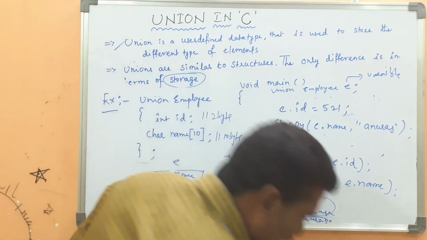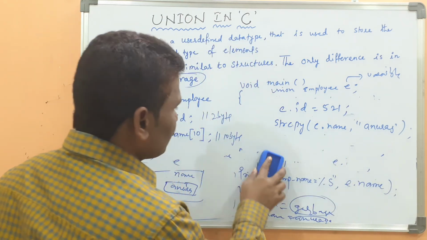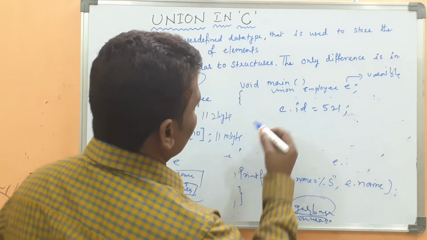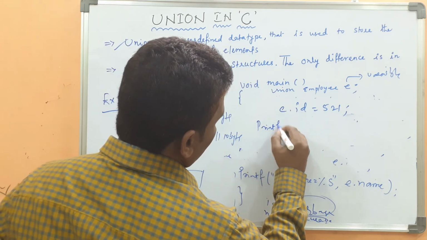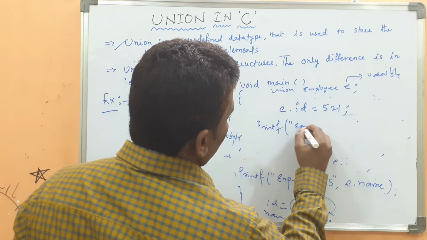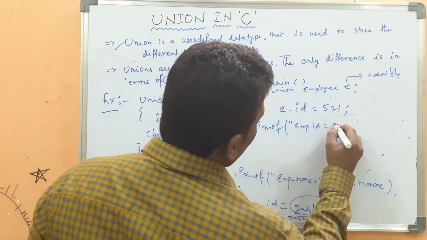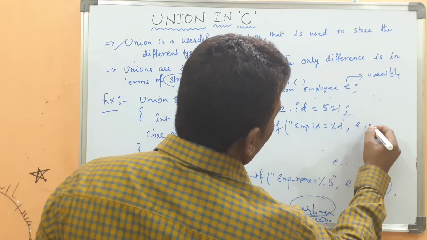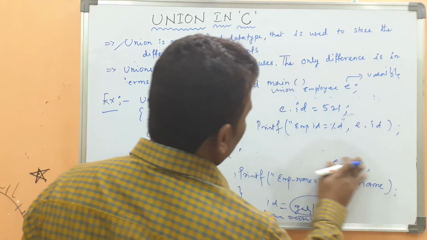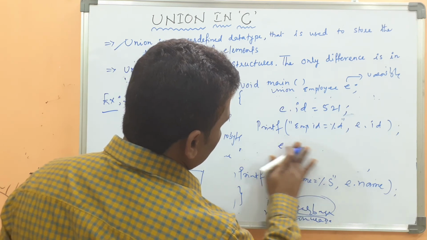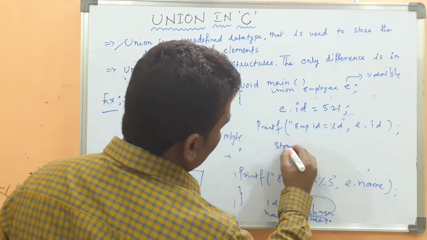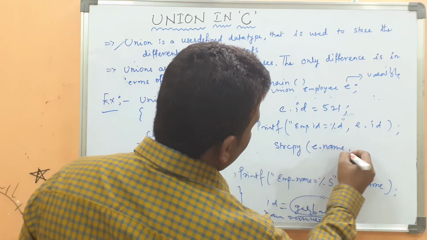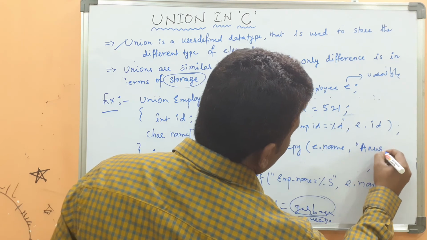Okay, then I will change it. EMP ID equal %d, then E dot ID, then strcpy E dot name comma Anurag.